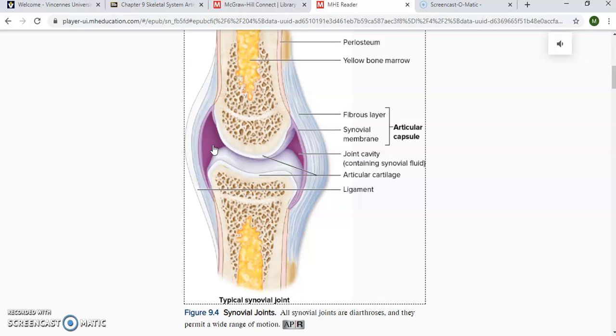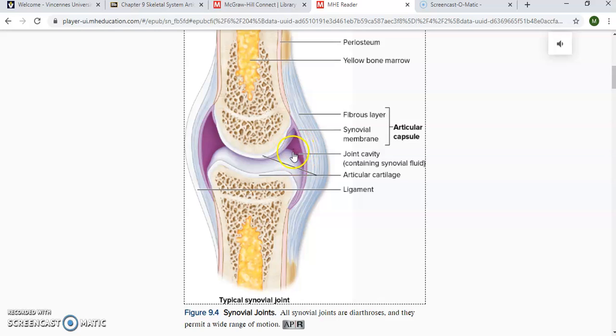To help you visualize what the synovial fluid looks like, whenever you crack an egg open, not the yolk part, but the rest of the egg, that viscous, oily substance, that's kind of what the synovial fluid looks like.